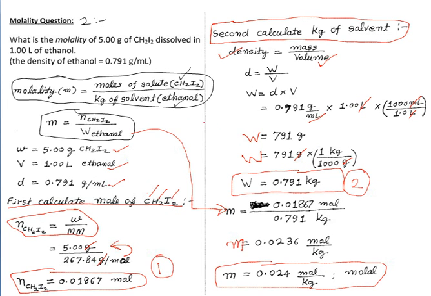So in this way we can calculate moles and kilograms of solvent if the gram quantity and volume and density are given in the question. So we will see another sample question in the next video.